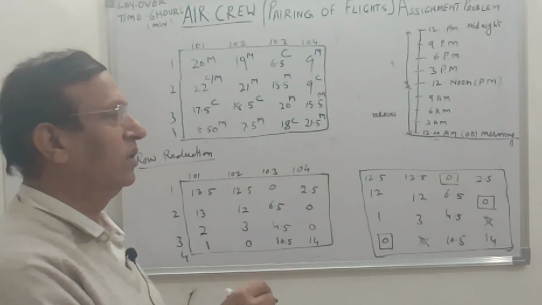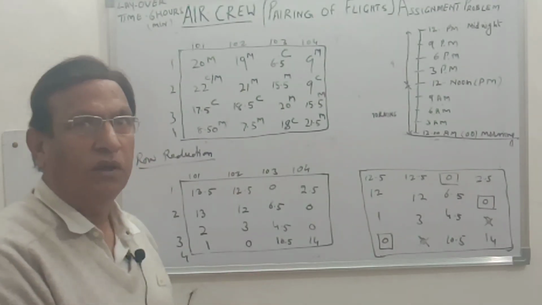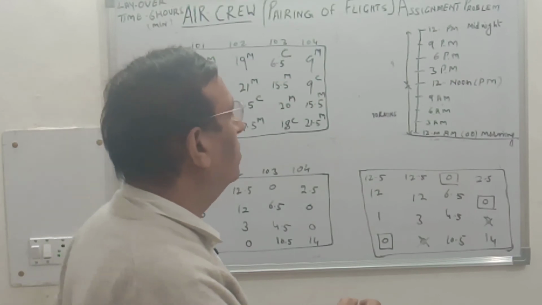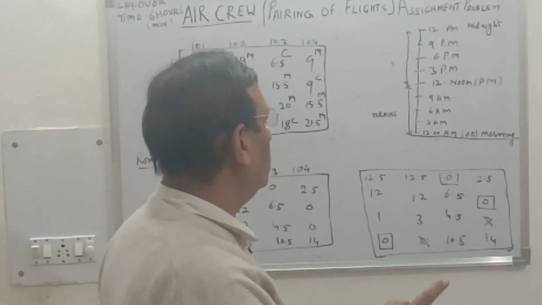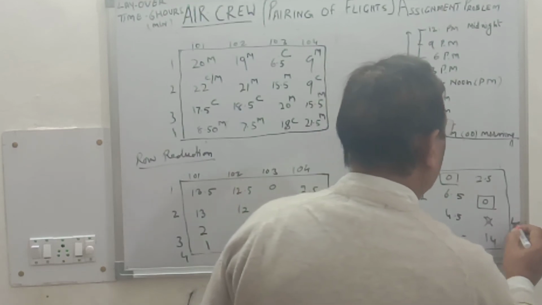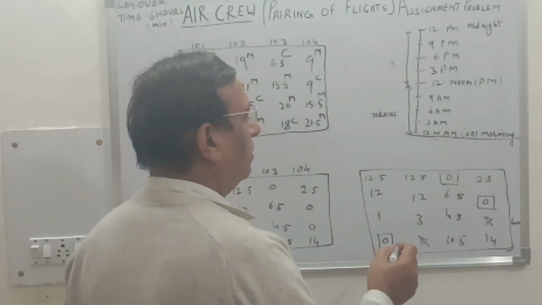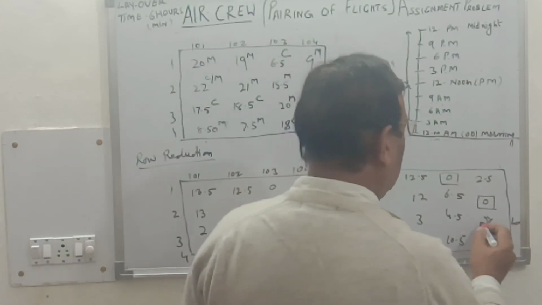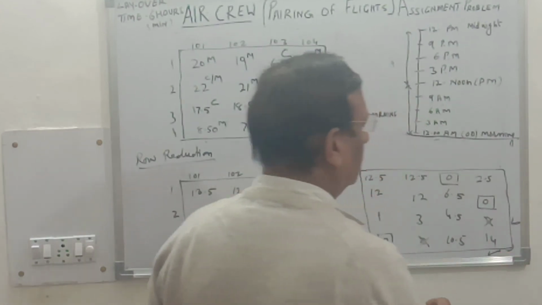Again, coming to the marking of rows and columns, mark the row in which there is no assignment. So this is the single row in which there is no assignment. Then mark the column in which there is 0 in the marked row.